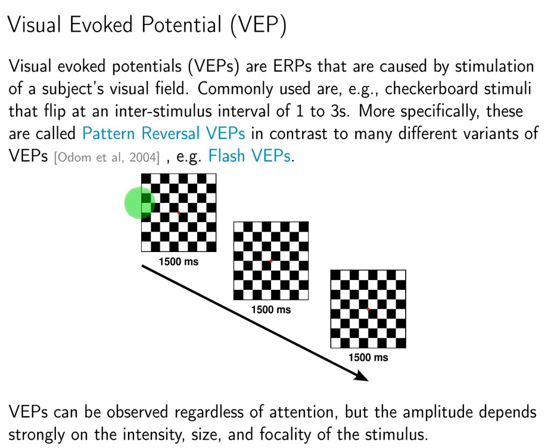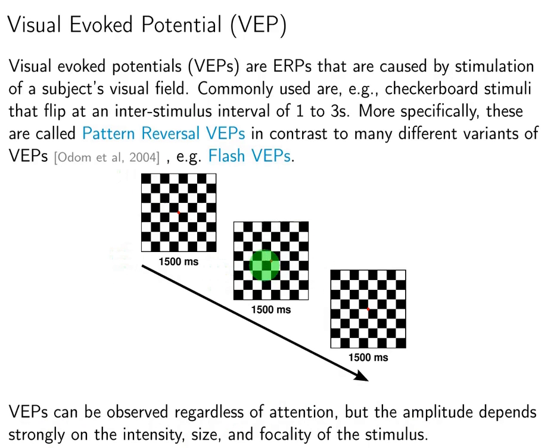More specifically, these are called pattern reversal visual evoked potentials, in contrast to many variants of VEPs. Visual evoked potentials can be observed regardless of attention, but the amplitude depends strongly on the intensity, size, and focality of the stimulus, so the experimental paradigm or parameters of the stimulus.